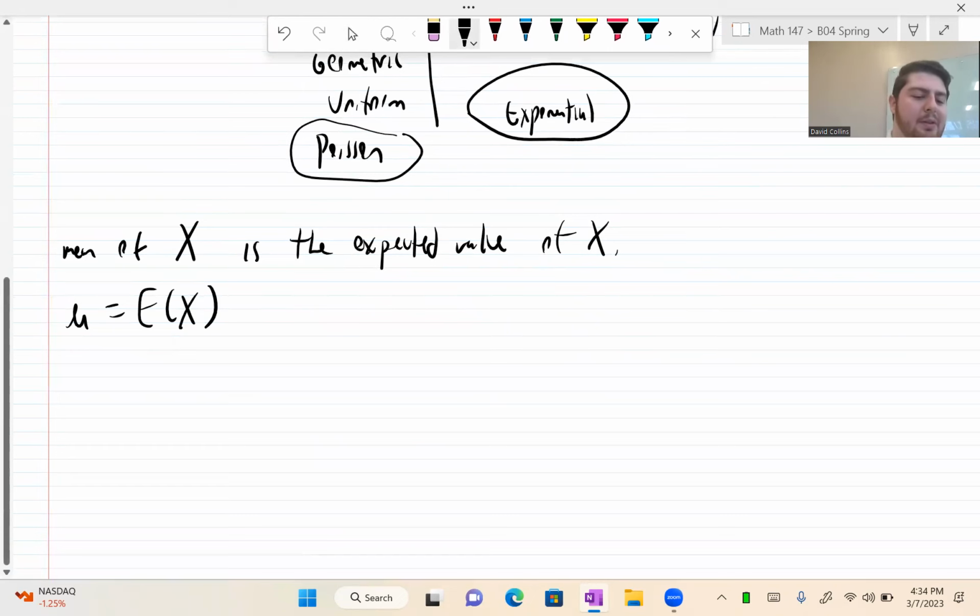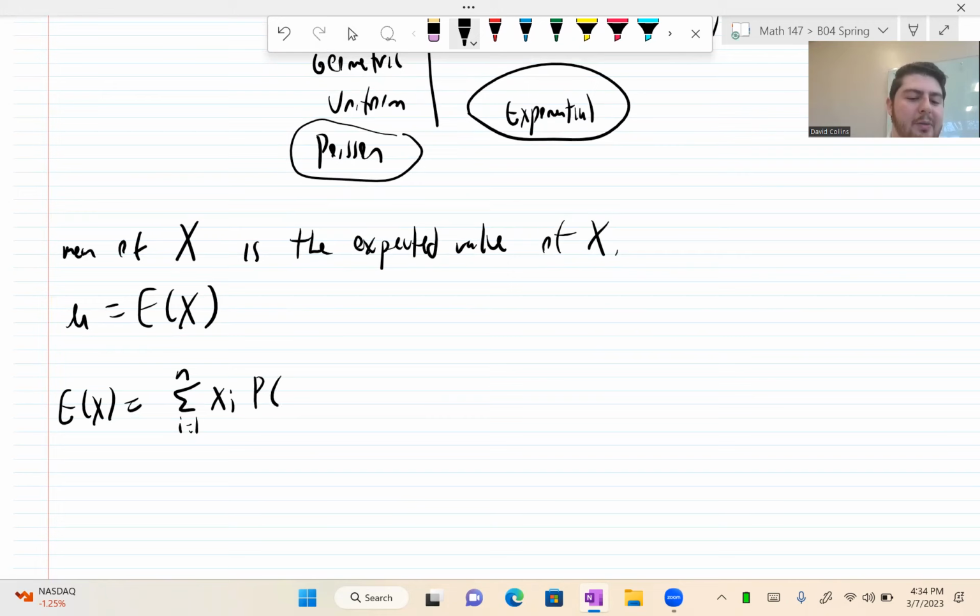The formula for a discrete random variable is the sum, i equals 1 to n, of xi times the probability of xi. In essence, it is a weighted average. I'm sure you guys have all tried to calculate your averages before, right? It's a weighted average with probabilities.